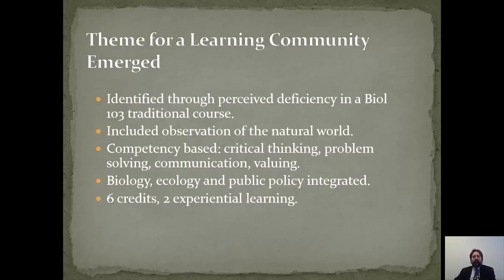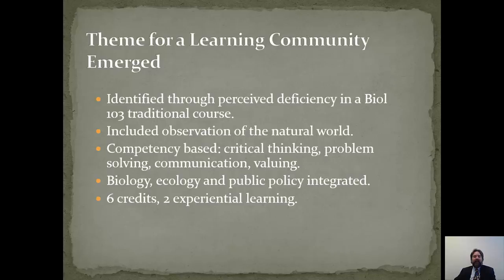So I wanted to get students to observe the natural world, and decided that this course would be good for competency-based thinking. We wanted to present a problem to students that they would have to think about. They'd have to find new information, communicate on that, and solve some of these problems.